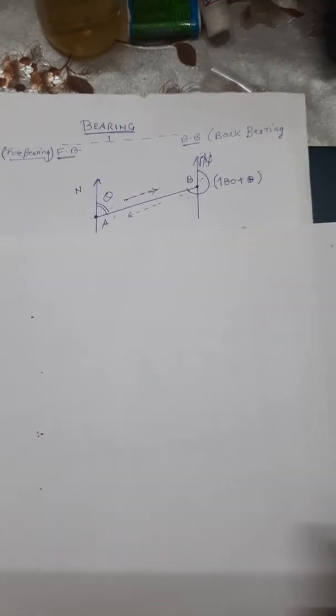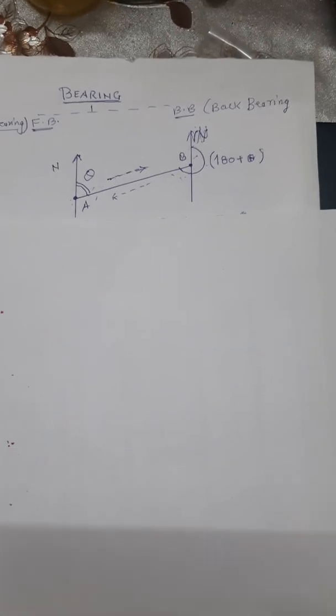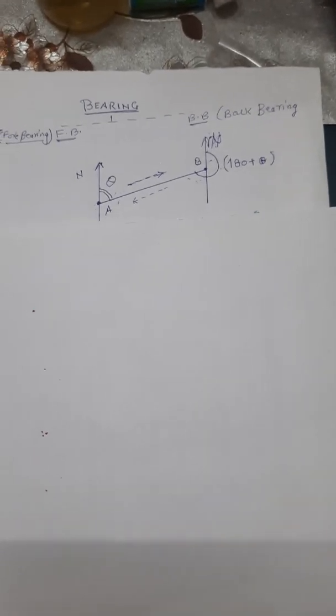But before we proceed with the bearing, we have already studied that there are two types of compass. One is a surveyor's compass and another is a prismatic compass. In a surveyor's compass, it is 0 to 360 degrees, while in the prismatic compass it is 0 to 90, 90 to 0, again 0 to 90, 90 to 0.